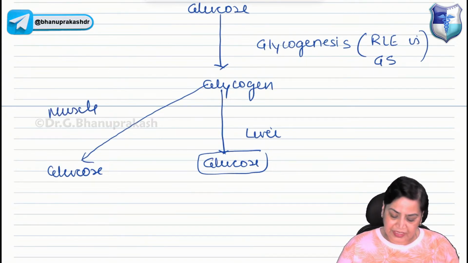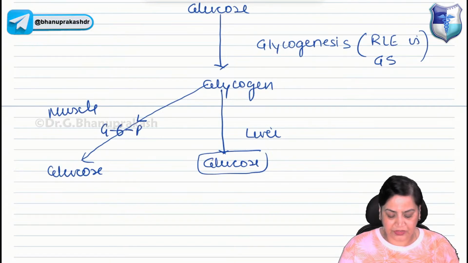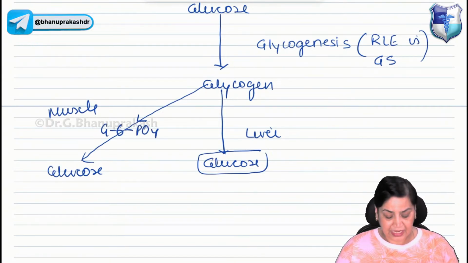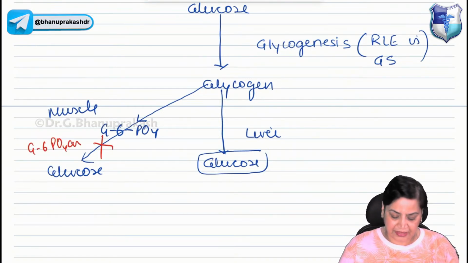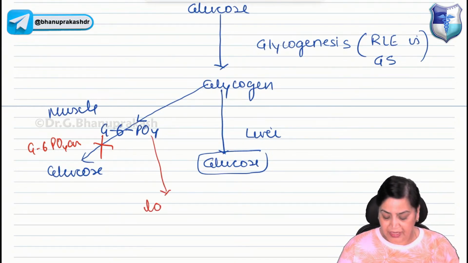Right. So obviously what happens is glycogen goes up till glucose 6 phosphate. Clear? So this glucose 6 phosphatase is absent in the muscle. So this reaction does not take place. And this glucose 6 phosphate is metabolized to form lactate in the muscle.